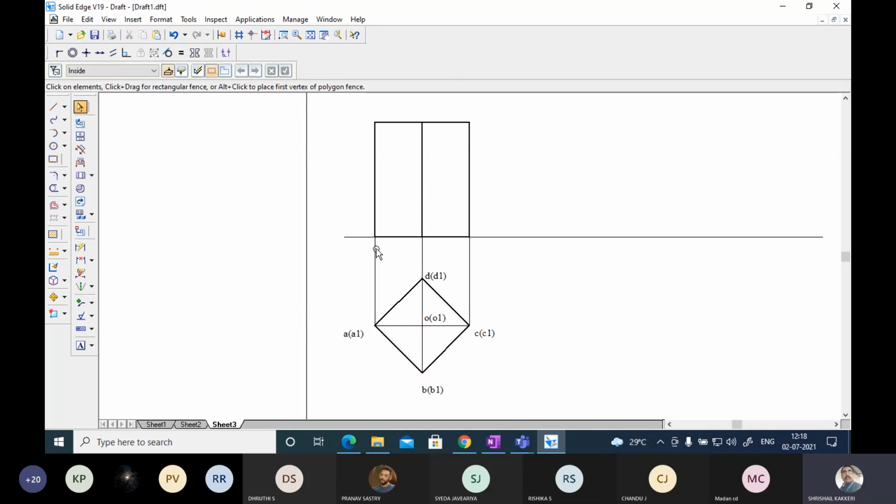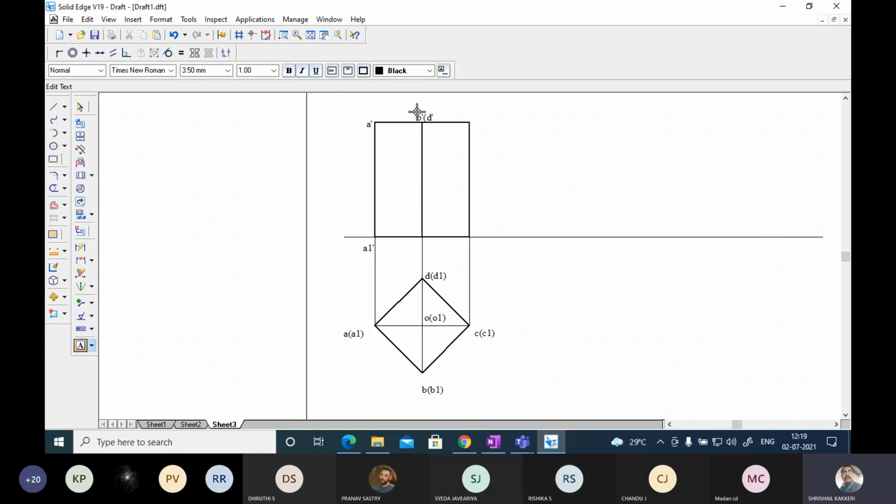Now let me look from this end and write this will be A1. So this is A, and this will be A1. And again it is B1 and D1. So what I am doing is, first I am going to write B dash, and in bracket I am going to write D dash.